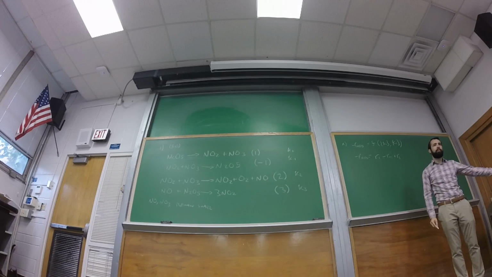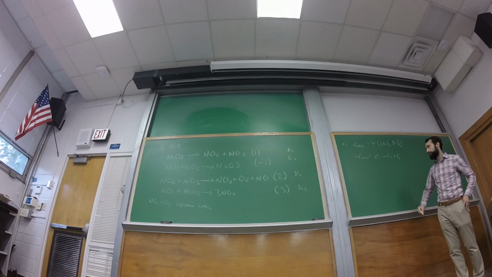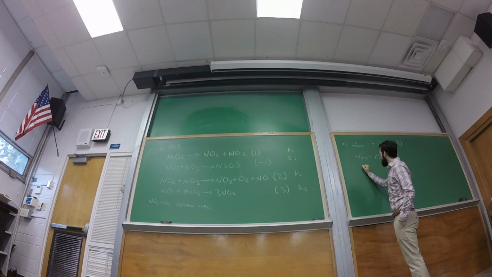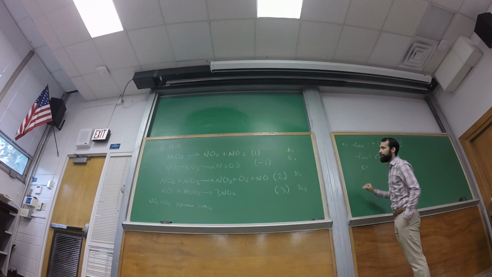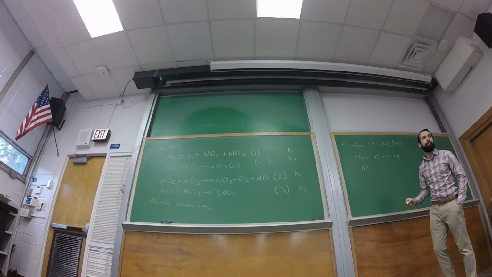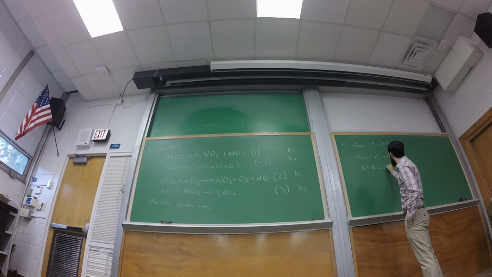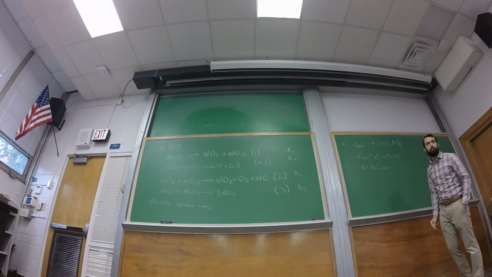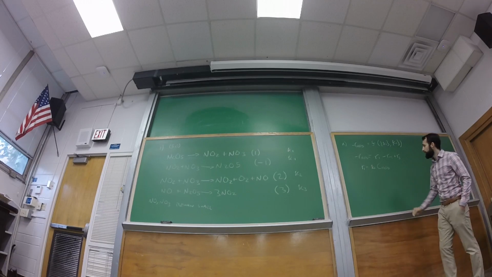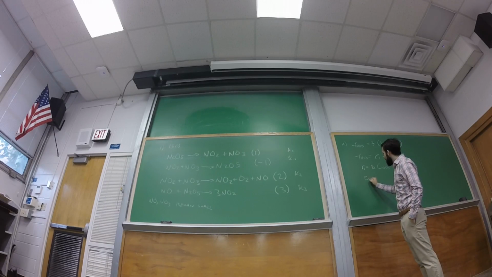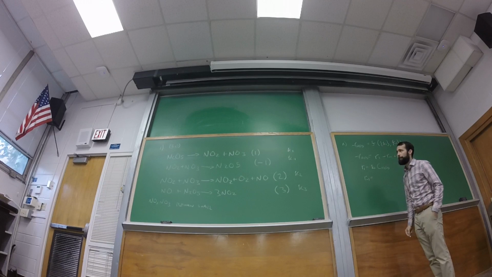I'm going to try not to look at the notes. We'll see how well I do. So R1 is equal to what? K1 times the concentration of N2O5. And R minus 1 is equal to what?